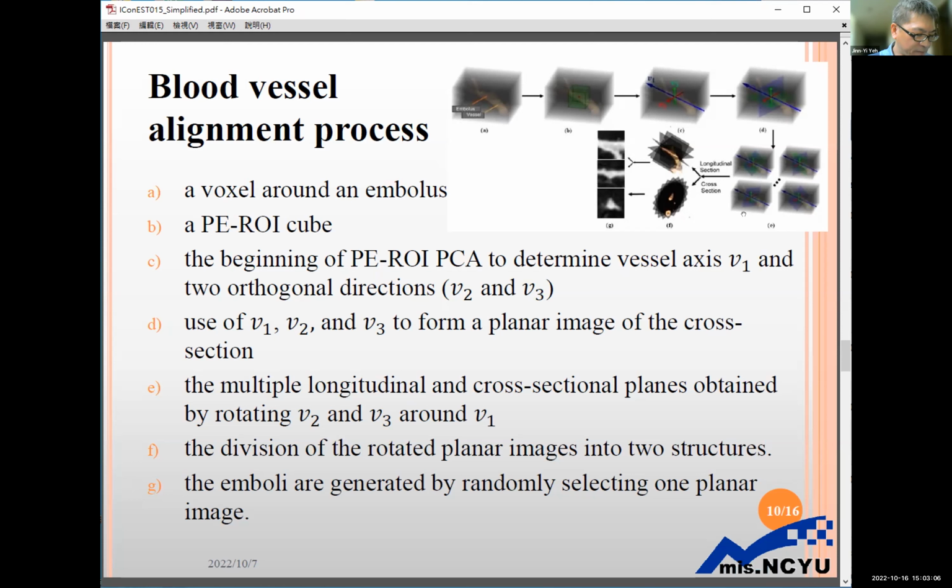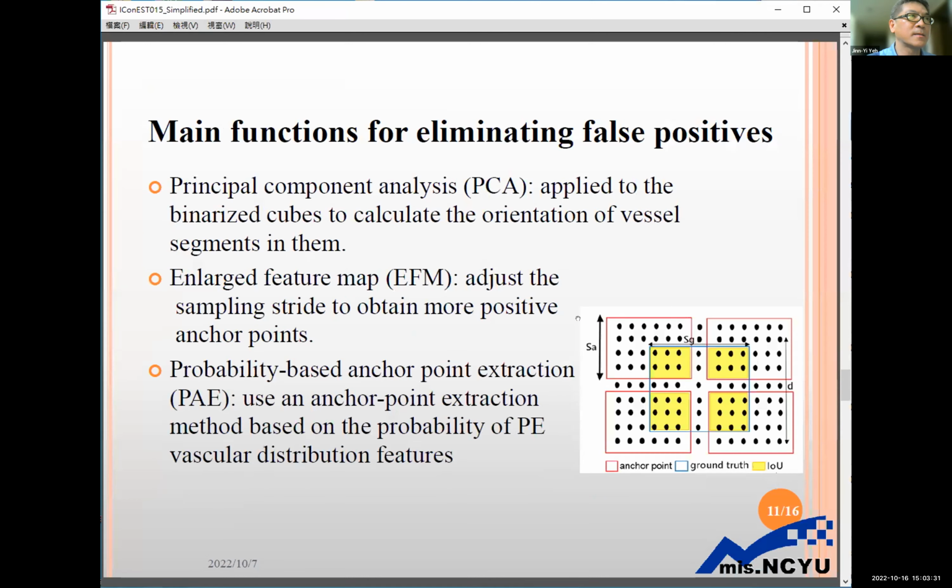And F is the division of the rotated planar images into 2 structures. Finally, the emboli are generated by randomly selecting 1 planar image from the transverse section and 2 planar images from the transverse section. So we will get the results.